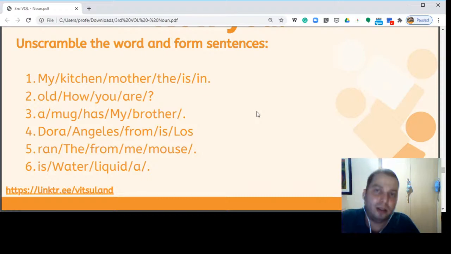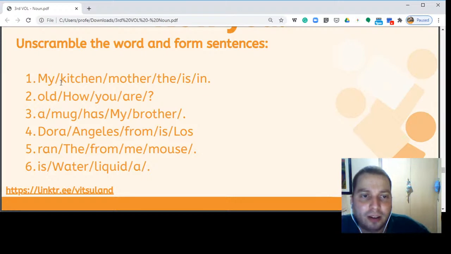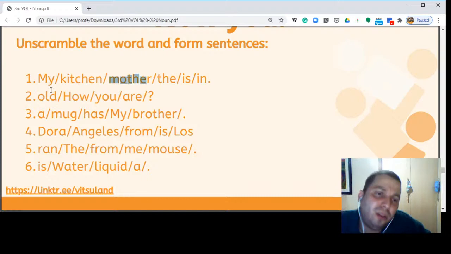Okay, so let's try to understand which are the nouns in the sentences. As we're talking about nouns today, so let's understand. So we have here kitchen, mother, sentence number one, nouns, kitchen, mother. Sentence number two, in this case, old is being considered an adjective.